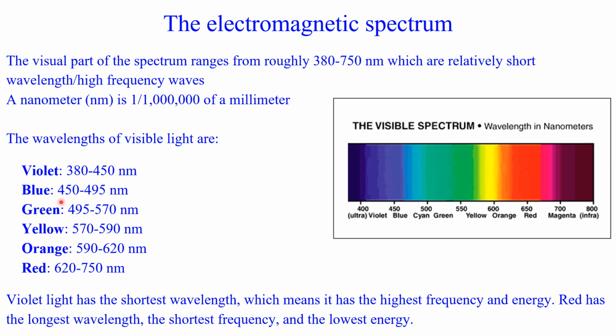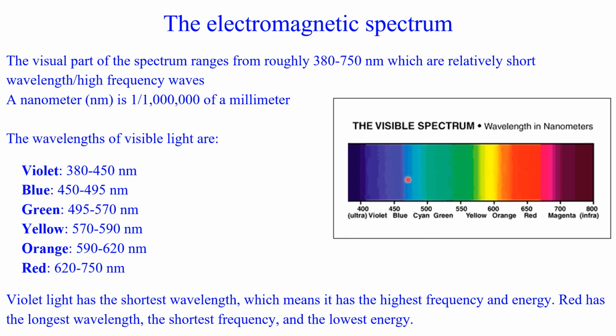Now, I don't expect students to memorize the numbers here, but just be mindful that when we look at the numerical aspects of the visual component of the electromagnetic spectrum, our units are nanometers, one millionth of a millimeter.